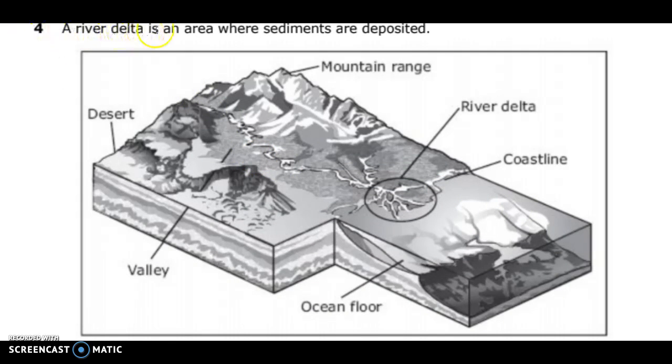A river delta is an area where sediments are deposited. Mountain range, river delta, coastline, ocean floor, valley, desert.